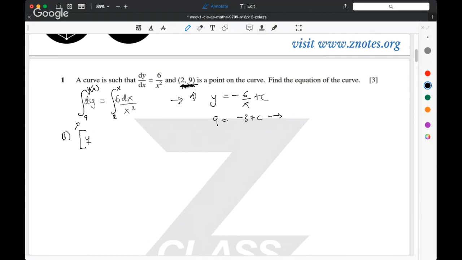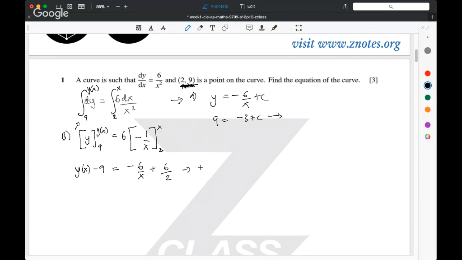so if I integrate, there's just an invisible 1 here. If I integrate 1, I get y, and I'm evaluating that between 9 and just y of x. And this is going to be equal to, I take the 6 outside. If I integrate this, I get minus 1 on x, and that's going between 2 and x. So on the left-hand side, this is just y of x minus 9 is equal to minus 6 on x plus 6 on 2.